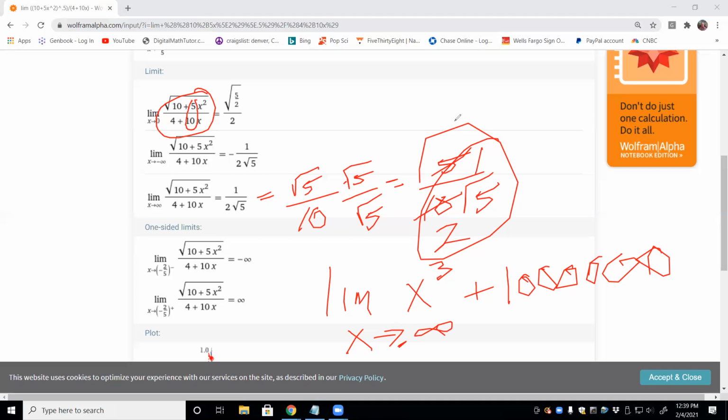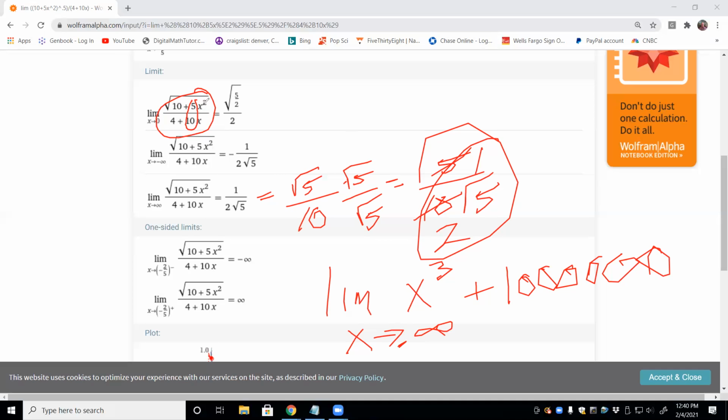So when I see this problem here, what I'm really doing is taking the square root of 5 in the numerator over 10 in the denominator. That ends up being the ratio of those coefficients. Because you know when you take the square root of x squared, you're going to get x.